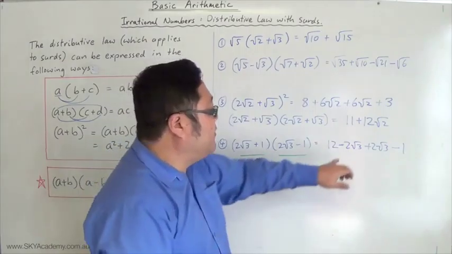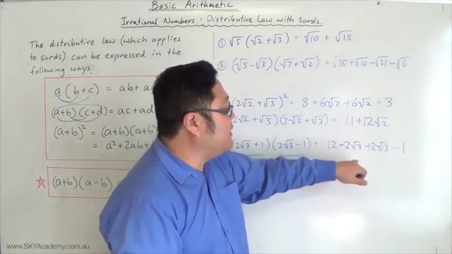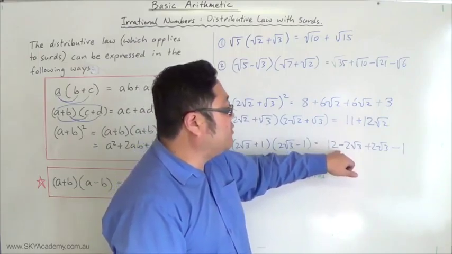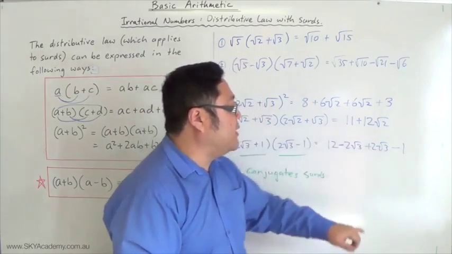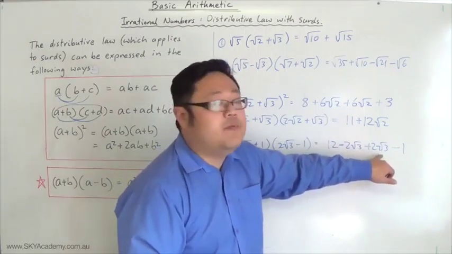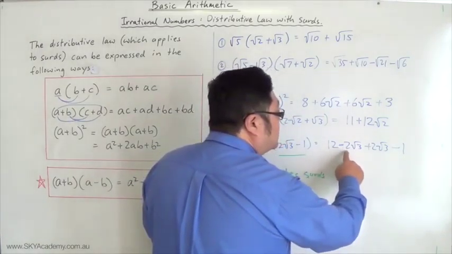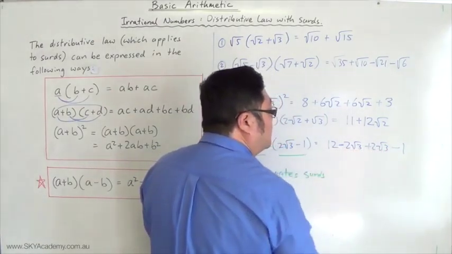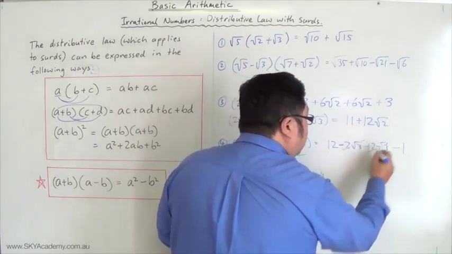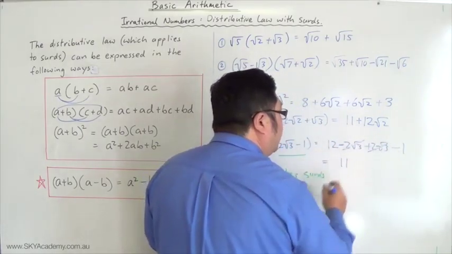Now, there's a surd component here and here, and a rational component there and here. What do you think happens to the surd, or irrational, components? Let's see. You've got minus 2 root 3 and plus 2 root 3. They're going to cancel each other out, and our answer will be 12 minus 1, which is 11.